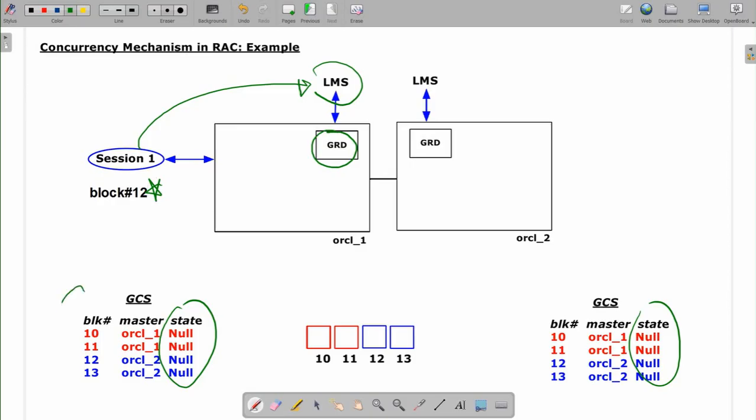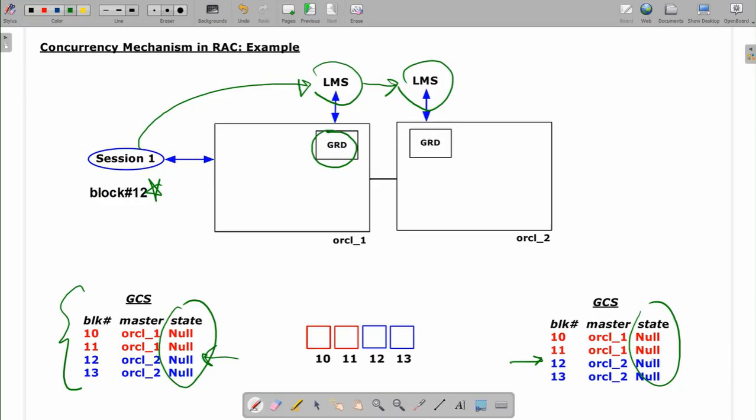So I'm in instance 1. According to this, block number 12 is owned by instance 2. So LMS will send a message to the remote LMS process and ask it to update the global resource directory metadata and then return it to the requesting instance. So let's check the status.